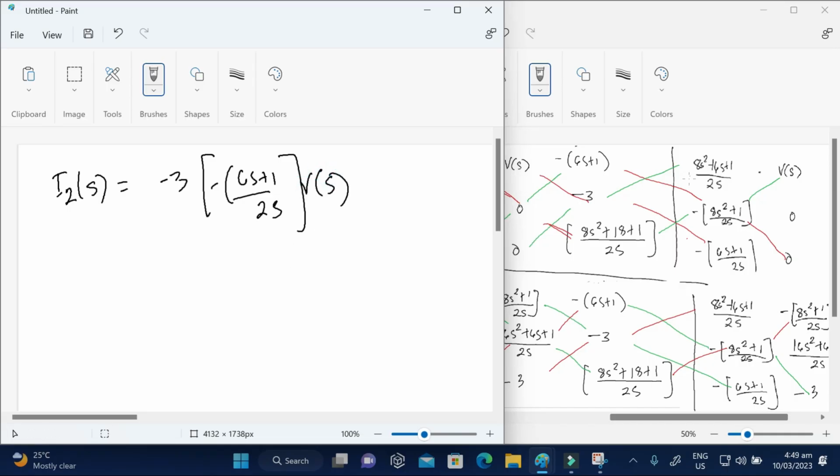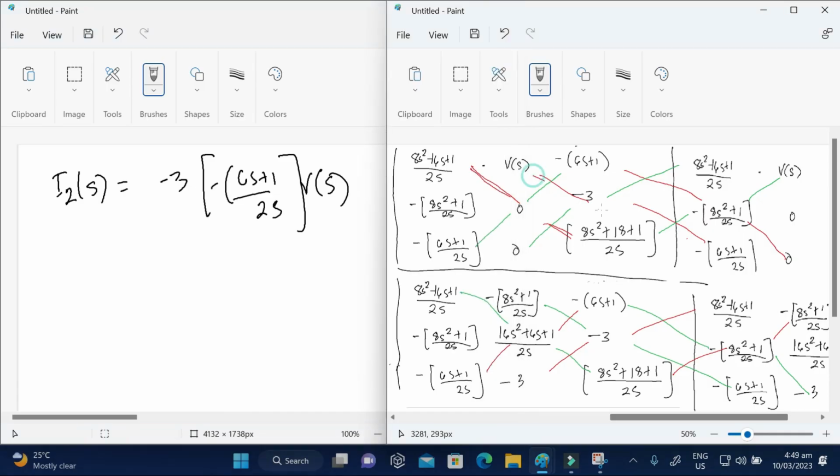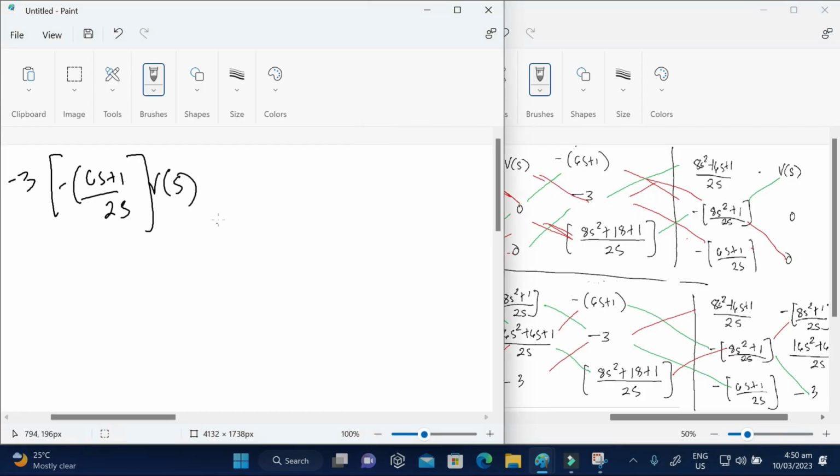Tapos, ito pa. Wala na. 0 ito. Ito 3. Tapos ito 0. Ito ay 0. Ito ay 0. Tapos yung pataas, ito ay 0. Ito na lang meron. Yung pataas ay minus.